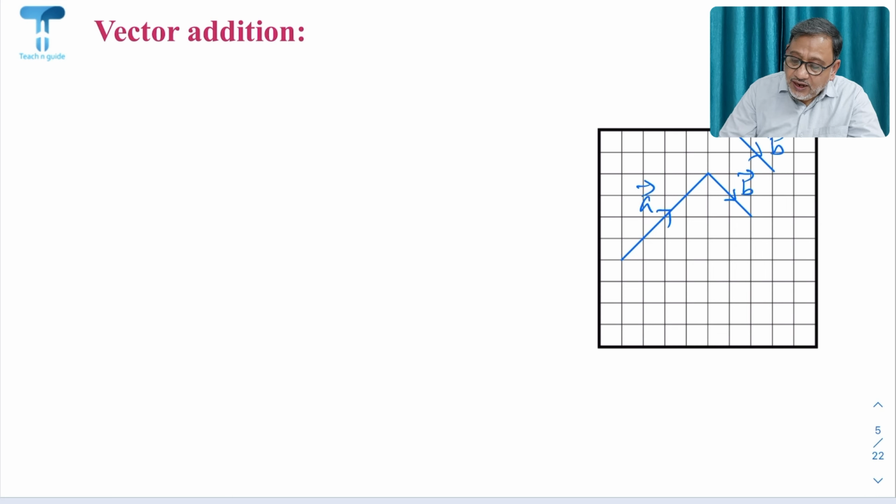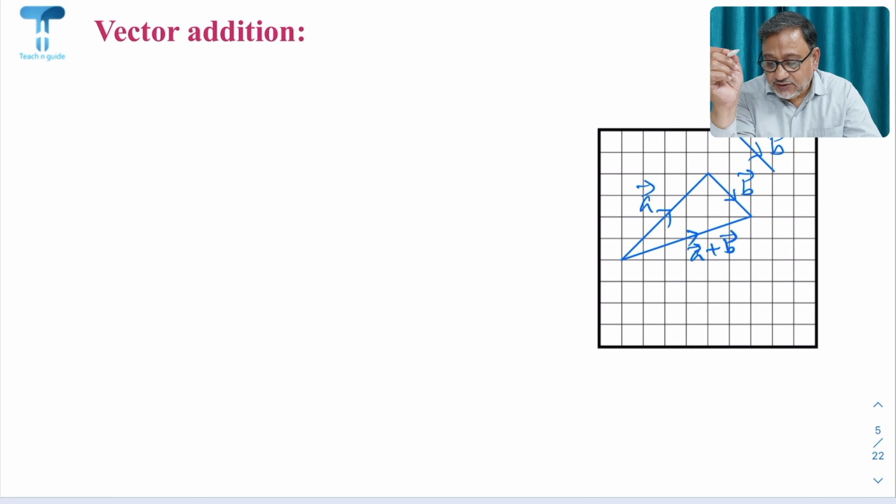Now when we add them, their addition will be represented by the third side of the triangle, and this will be A plus B. So to add two vectors, the terminal point of one vector should be the initial point of the second vector.